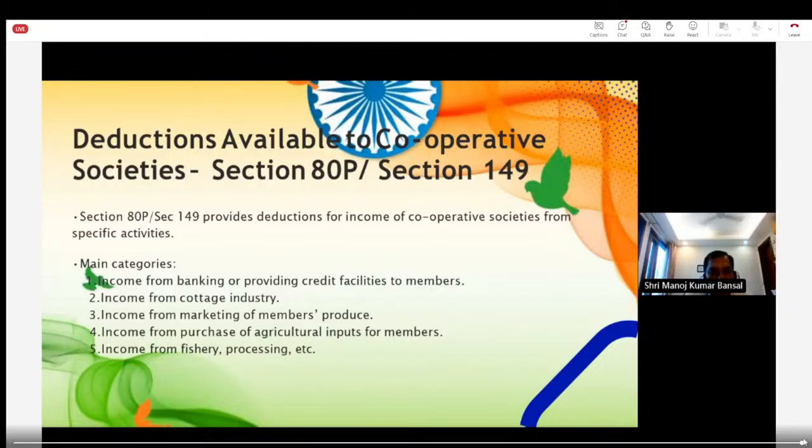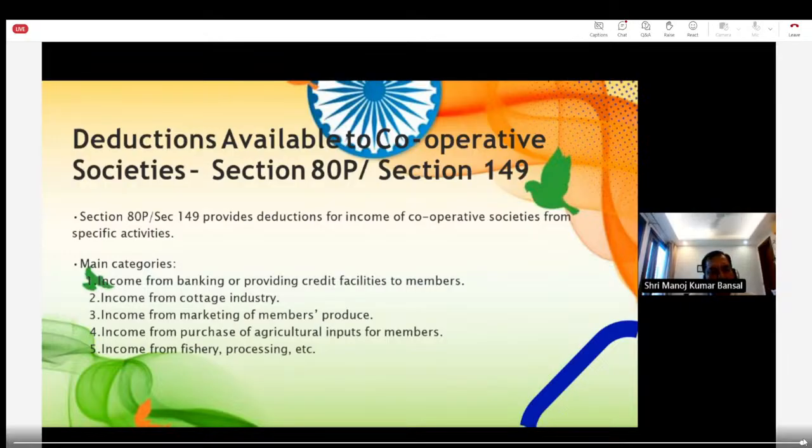Section 80P, now known as Section 149, provides deduction for income of cooperative societies from specific activities. Main category is income from banking or providing credit facilities to members. You can see there are a lot of thrift and credit societies functioning, providing small loans to their members. So 80P is available for them. But if it works as a bank, then it is not there.